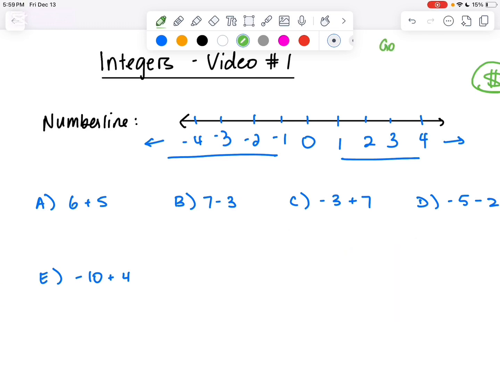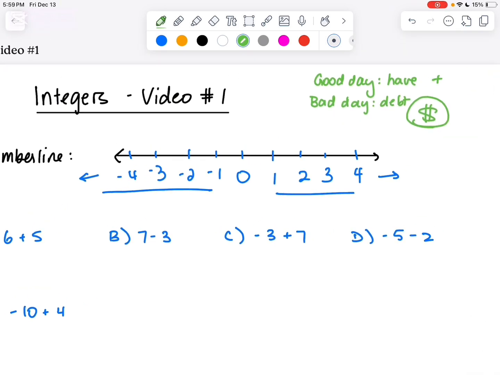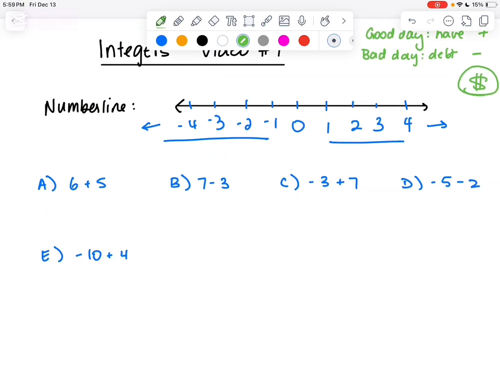If it's a good day at the end of the day, we're going to put a positive sign for our final answer. And if it's a bad day, we're going to put a negative sign in front of our final answer. So having money, positive, debt, negative.